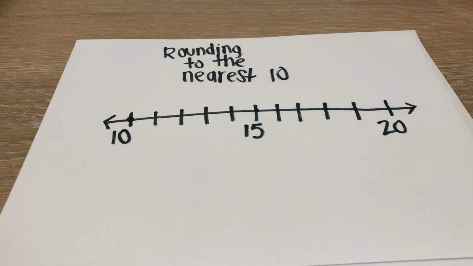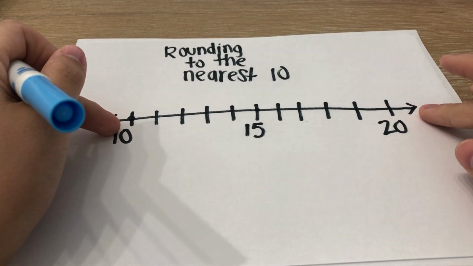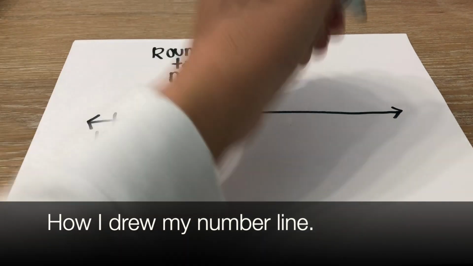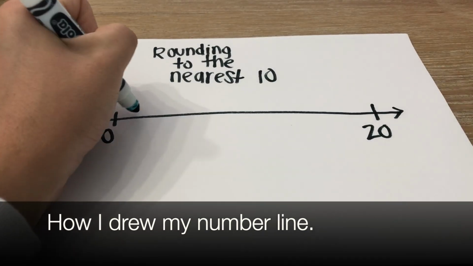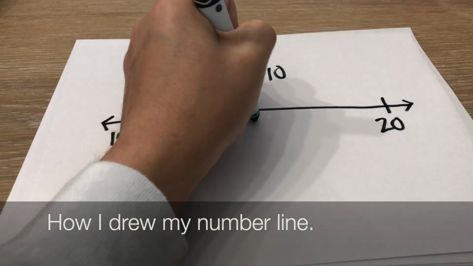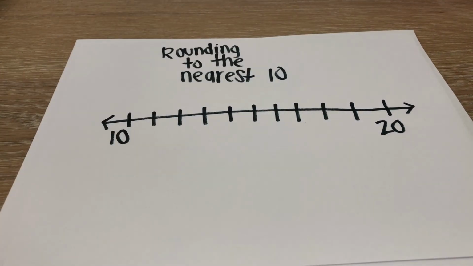So since our number is 18, I drew the number line to be between 10 and 20 because that's the two tens that the number falls in between. So I'm gonna start this number line at 10. I'm gonna end this number line at 20. So 11, 12, 13, 14, 15, 16, 17, 18, 19, 20.